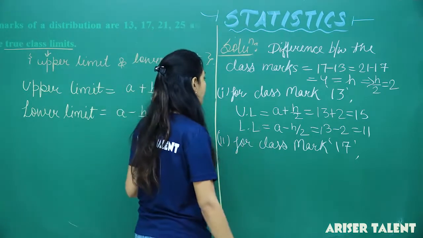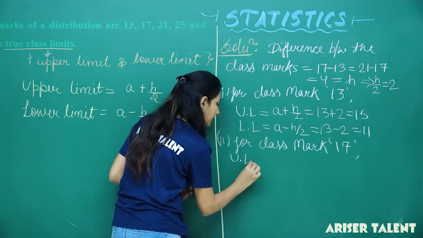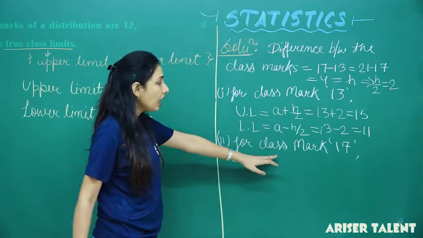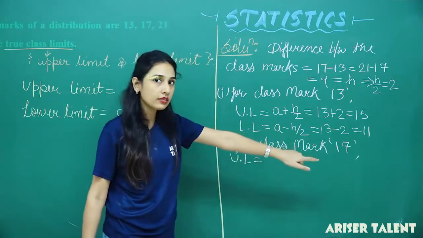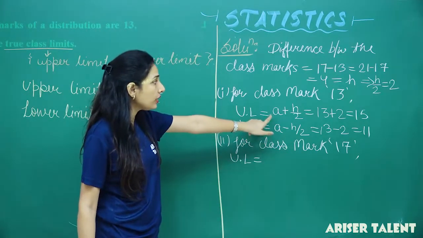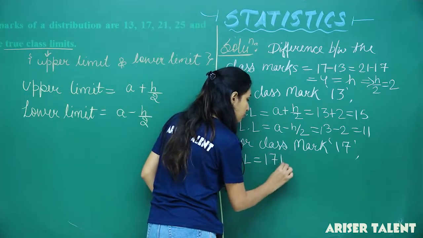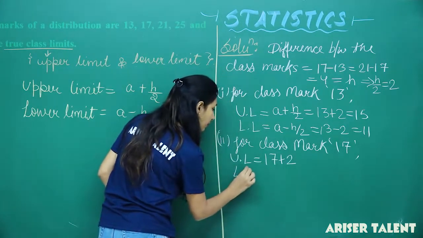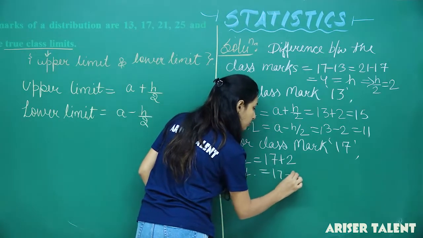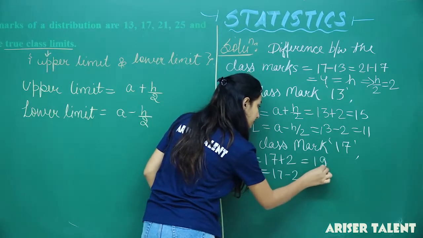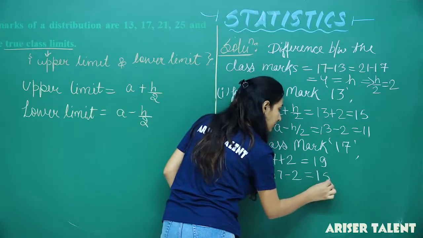Now, for class mark 17, the upper limit will be, now I am directly putting the value. You know the value of A is 70, so there is no need of writing the formula again and again. So that will be 17 plus 2, and the lower limit will be 17 minus 2. Now, this is 19 and this is 15.